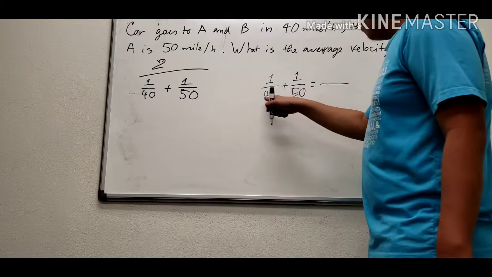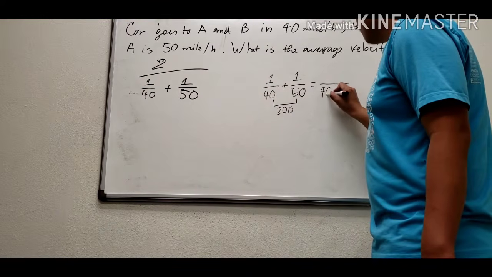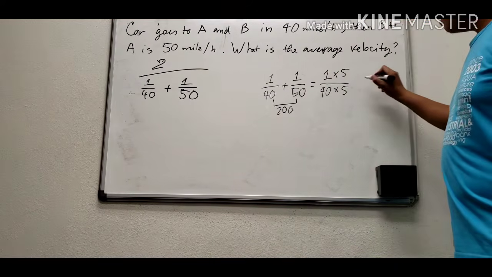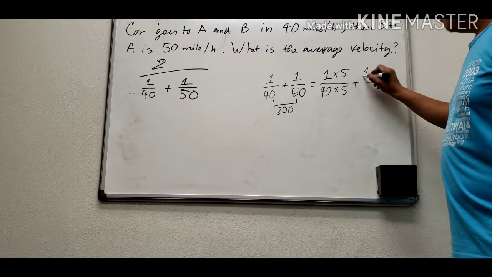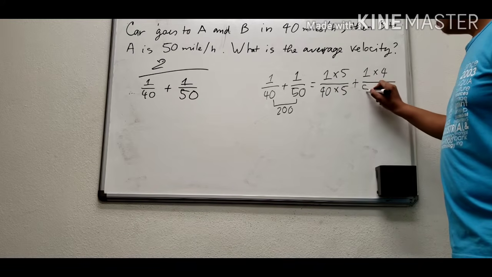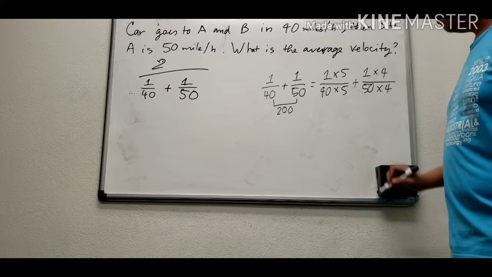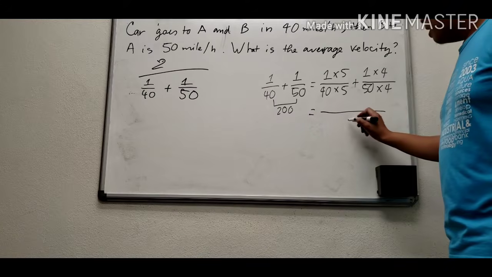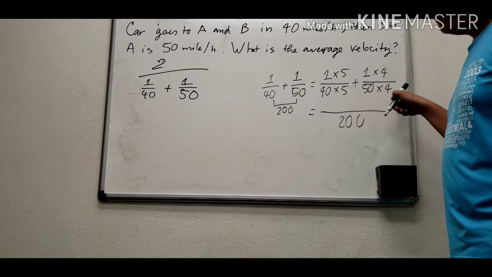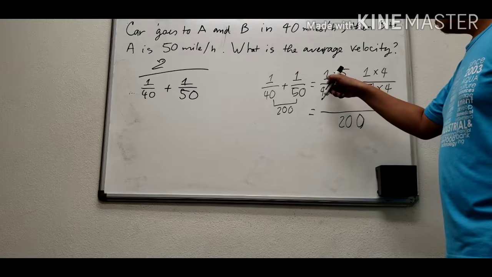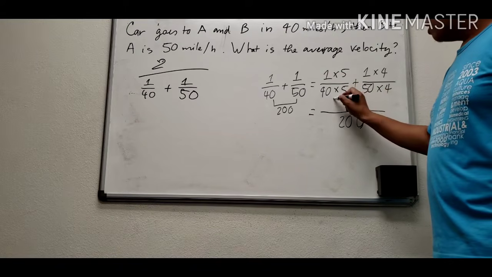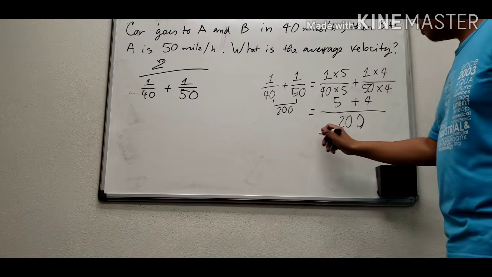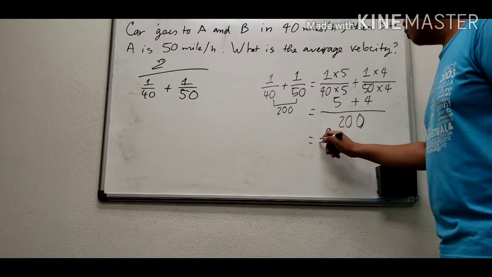So 40 multiplied by 5 and 1 multiplied by 5, and 50 multiplied by 4 and 1 multiplied by 4. 40 multiplied by 5 is 200, 50 multiplied by 4 is also 200, 1 multiplied by 5 is 5, and 1 multiplied by 4 is 4. We have 9 over 200.